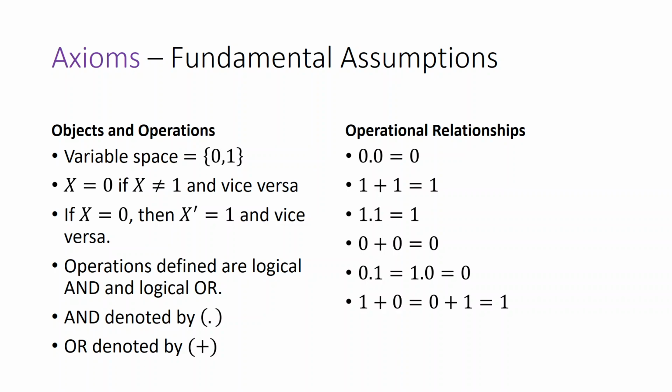These are actually fundamental operating relationships between the objects which we assume beforehand. We begin with these assumptions, and these assumptions are called axioms. So in any algebraic system, the algebraic system is laid down with objects, operators, and axioms. These three things are there.